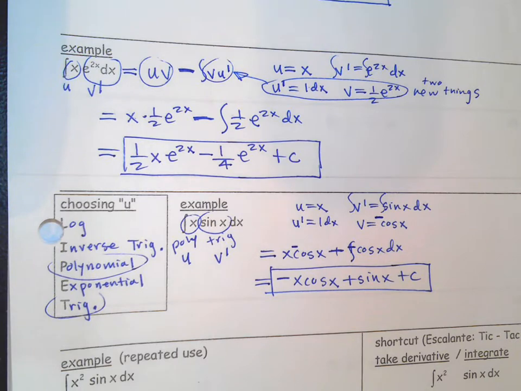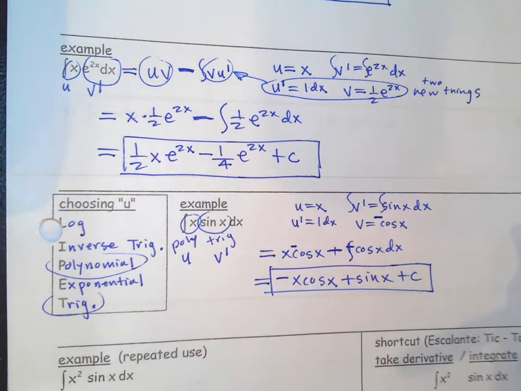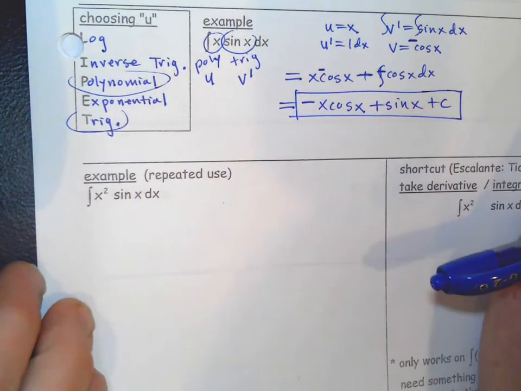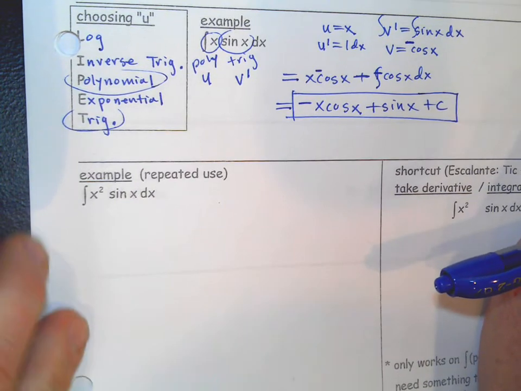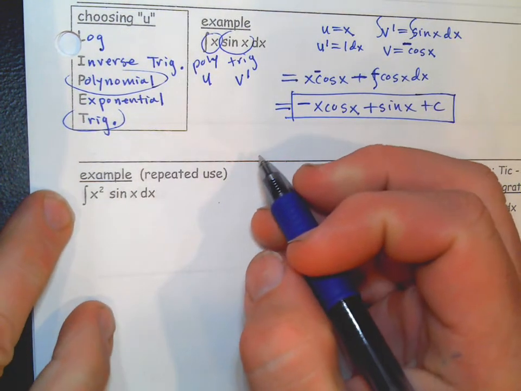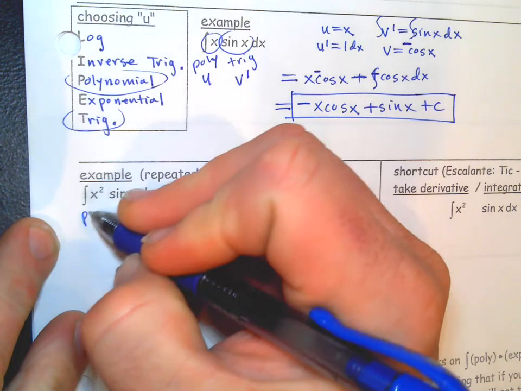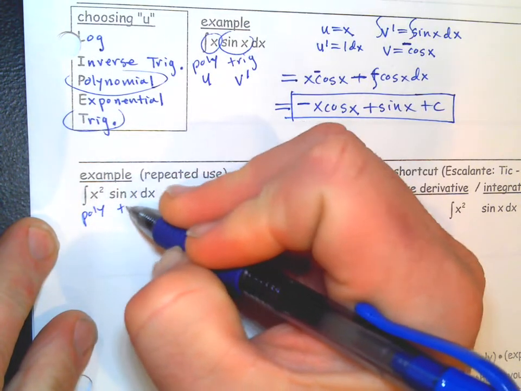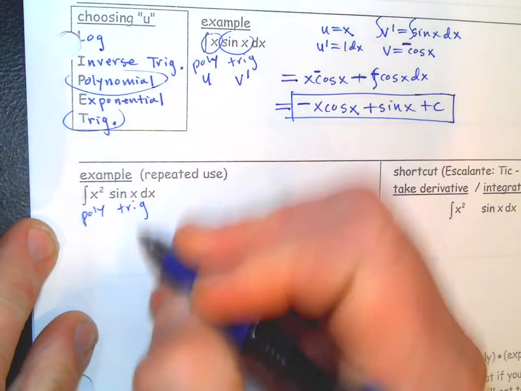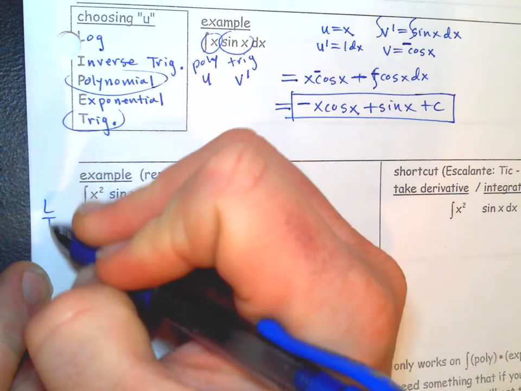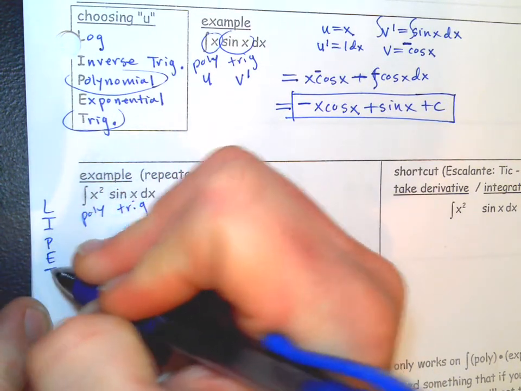All right. So let's look at some special cases and just try a few more practice ones before you do them on your own. So in this one right here, we have polynomial and we have trig, right? And polynomial is earlier in the list. So I'd be writing LIPET every time as a nice little checklist next to my work.